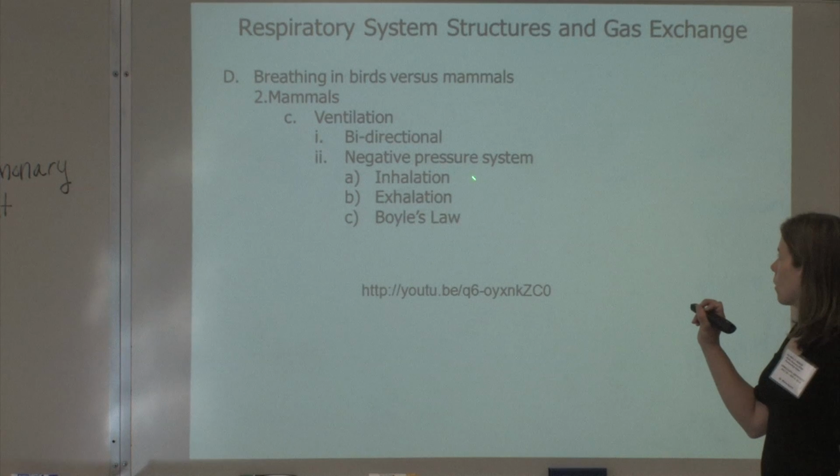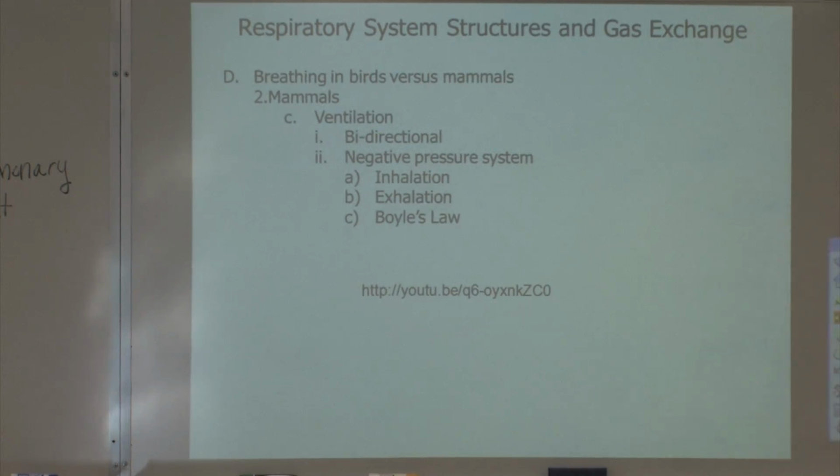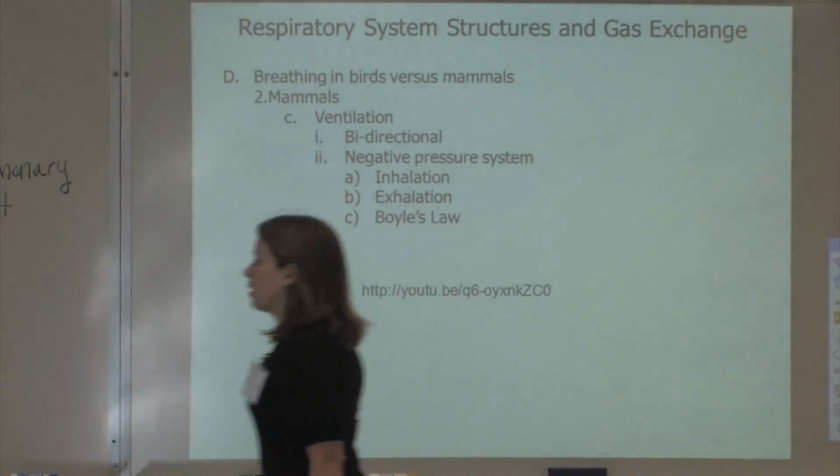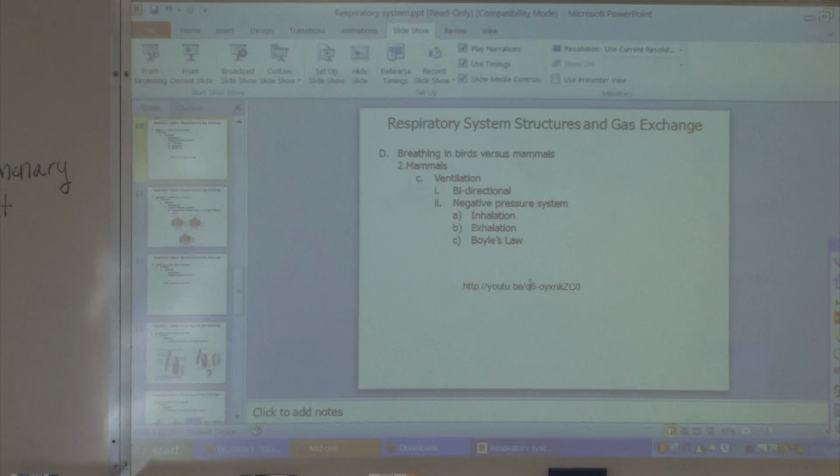And so we're going to talk a little bit about this negative pressure system. And in order to do so, we have to have an understanding of Boyle's law. I found a YouTube clip that does a really nice job of explaining Boyle's law.